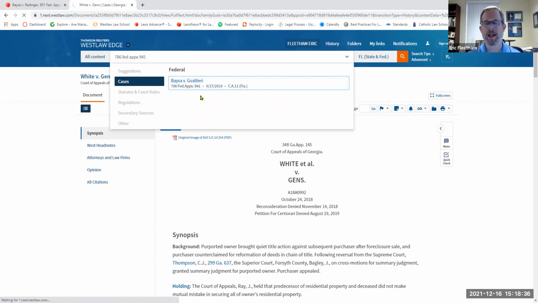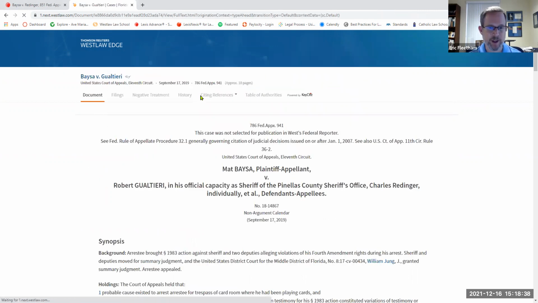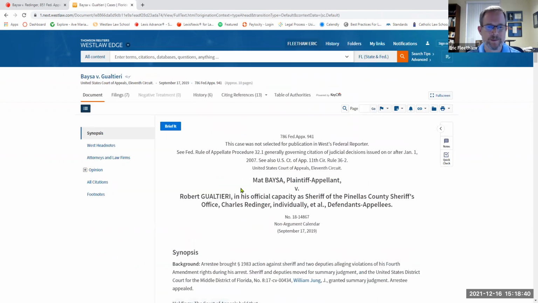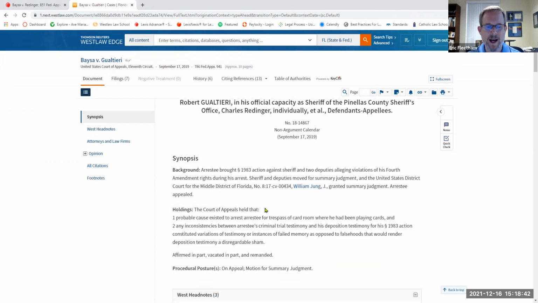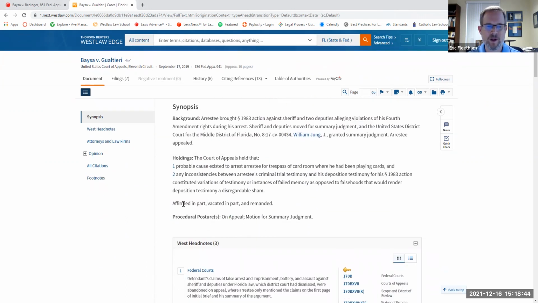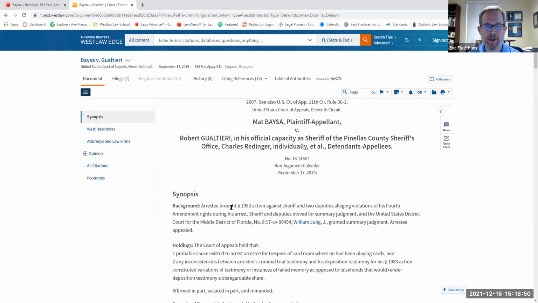Yep, same case. All right, we're reading along. We know in the synopsis here that it was affirmed in part, vacated in part, and remanded. So we want to see what happened on remand.